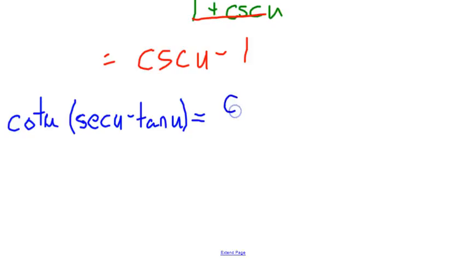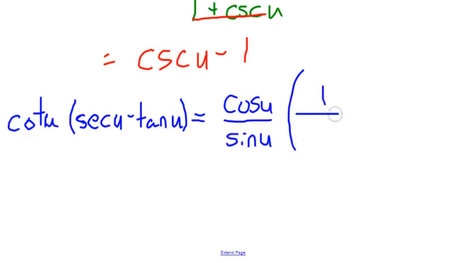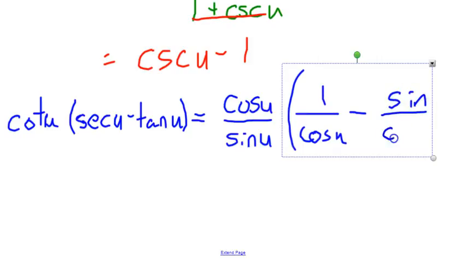So this is cosine u over sine u times the quantity, secant u is the same as 1 over cosine, minus tangent, which is sine of u over cosine of u.